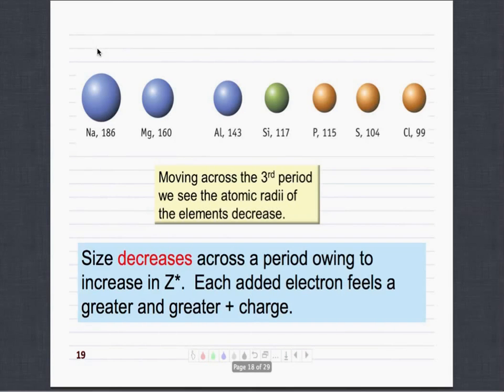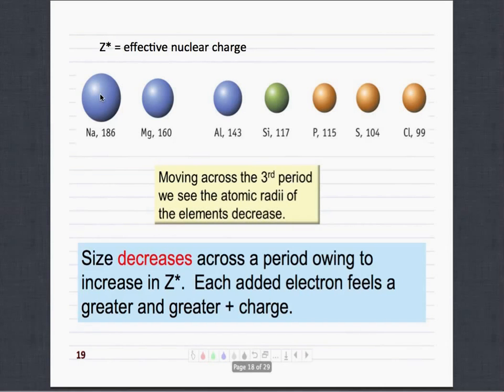Just think about it that the effect of the protons on the electrons is increasing as we go through the period, and that makes the electrons more attracted to the nucleus and makes the radius smaller as we go across the same period. Okay.